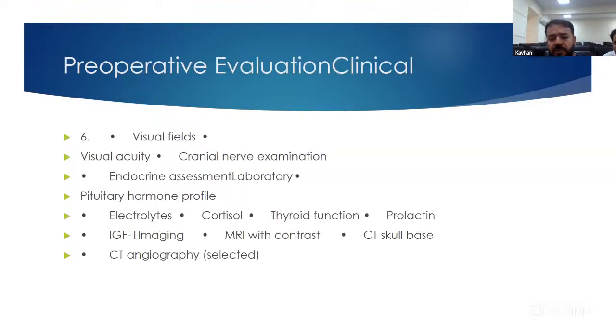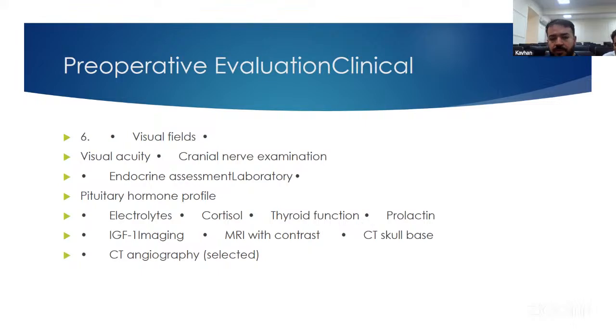So basically for all the neurosurgery residents and those neurosurgeons who want to be trained in the endoscopic endonasal approach, we do a pre-operative thorough evaluation of the whole hormonal profile and also the visual acuity of the patient, along with endoscopy.